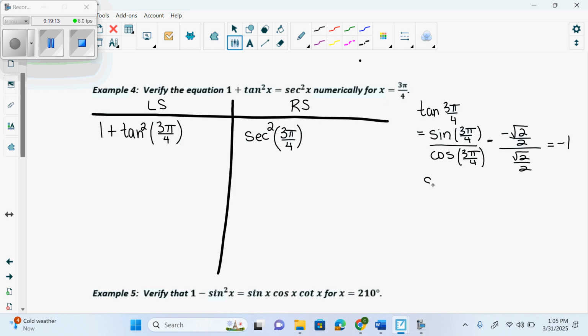Then we need secant of 3 pi over 4, which is cos flipped. Cos of 3 pi over 4 is negative root 2 over 2, so it's going to be 2 over root 2. We rationalize and we get 2 root 2 over 2.